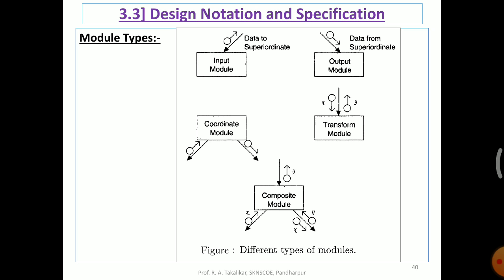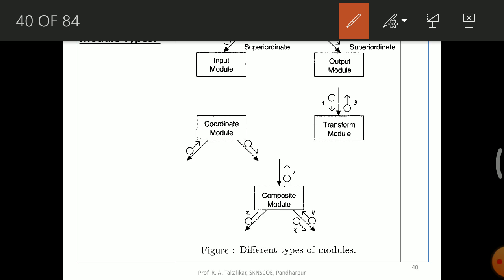On this slide you can see the input module, which receives the input from the superordinate module of its own, that is its superclass. The output module receives the data from the superordinate and then generates the output accordingly.